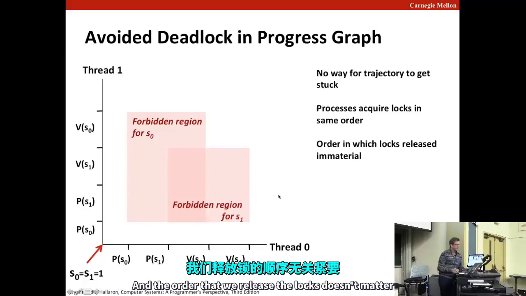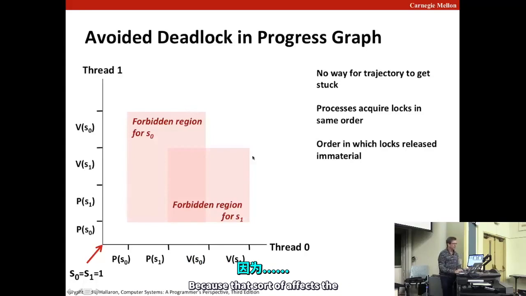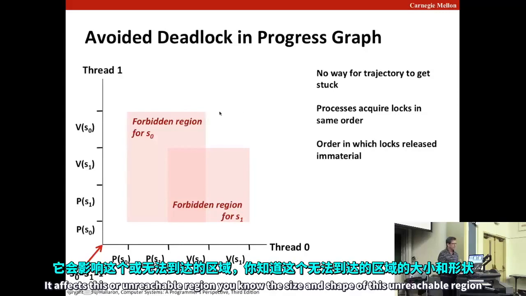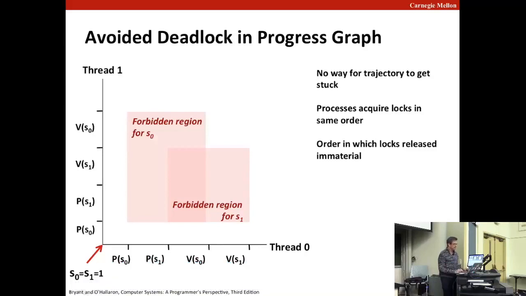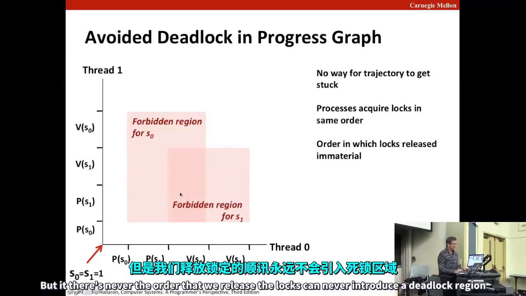And the order that we release the locks doesn't matter because that affects the size and shape of this unreachable region. But the order that we release the locks can never introduce a deadlock region.